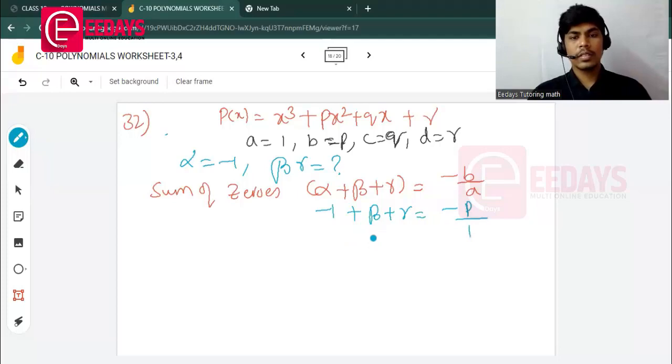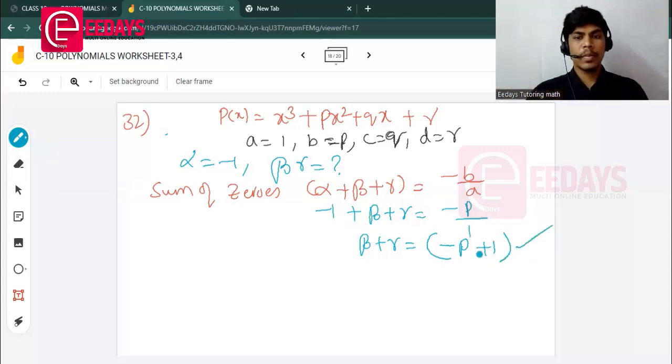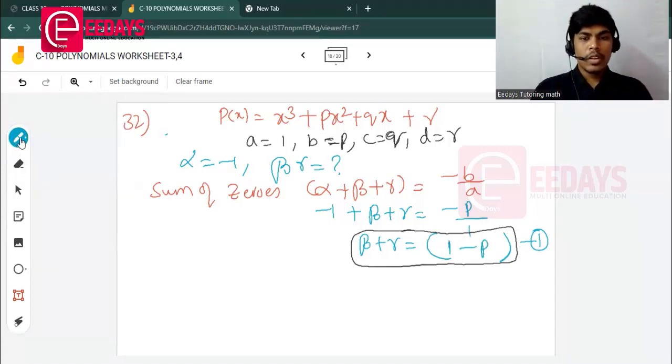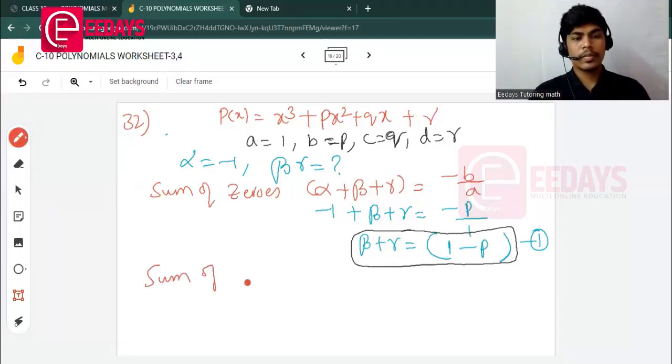So beta plus gamma we can write as minus p plus 1, since if we transfer minus 1 to the other side it becomes plus 1. Let us take this as equation 1: beta plus gamma is equal to 1 minus p. Now the sum of the product of zeros.